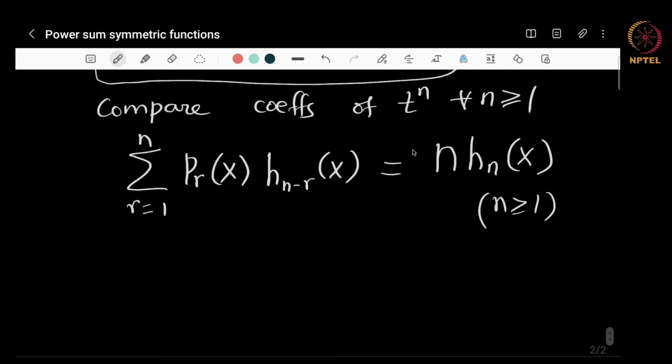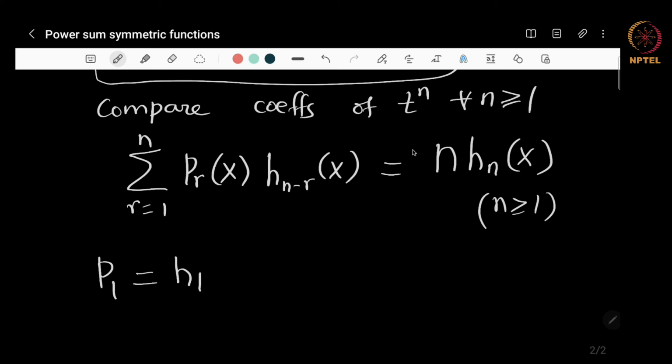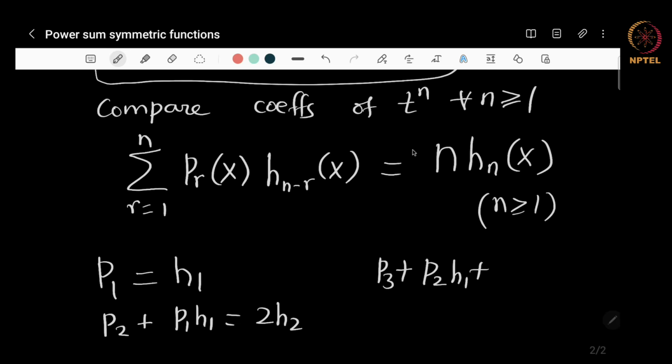Now, we have done this sort of thing once before when we tried to connect up the h's with the e's. In this case, I'm just going to write out these equations one by one. If n equals 1, it says p1 equals h1. And n equals 2, it says p2 plus p1 h1 equals 2 h2, and so on. So the next one will look like p3 plus p2 h1 plus p1 h2, and this should equal 3 times h3.